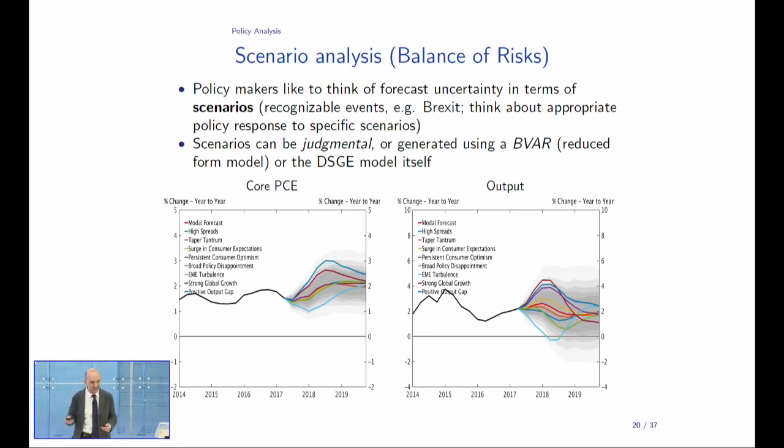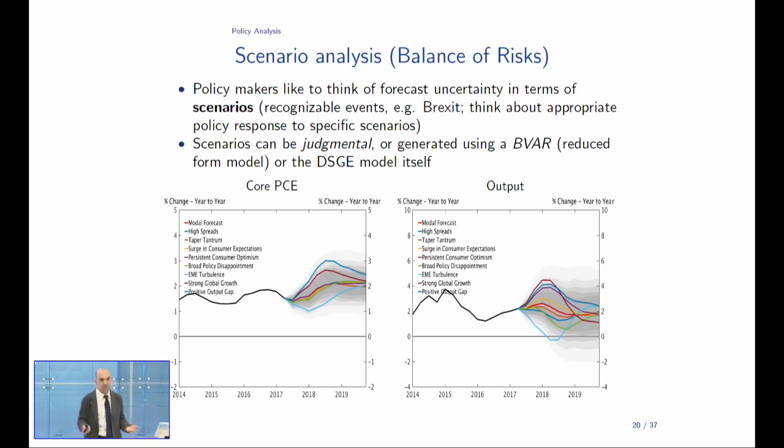Well, I guess Brexit; those slides were old, so Brexit happened. It is no longer a scenario, but when there was a lot of uncertainty about how Brexit was going to unfold, that was a possible source of risk to the economy. And so we have scenarios which are produced, not necessarily by the DSGE model, maybe by other models, maybe by BVARs, or they can be judgmental.